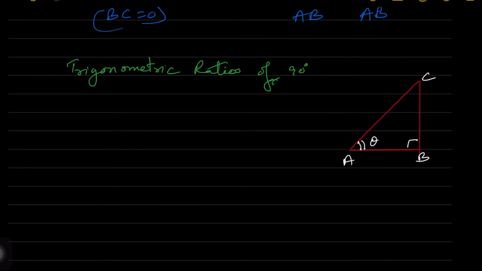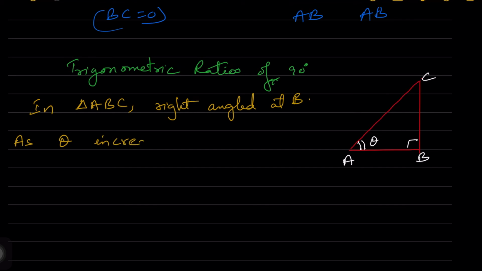Now next, for the 90 degrees, trigonometric ratios of 90 degrees. In triangle ABC, right angled at B, as theta increases, line segment AB becomes smaller and smaller.